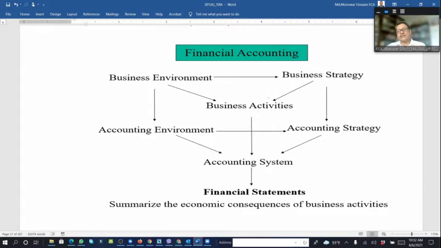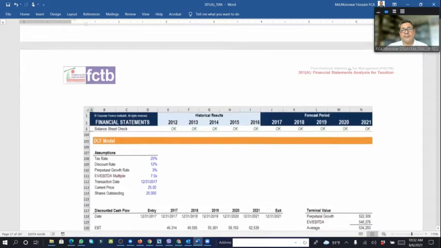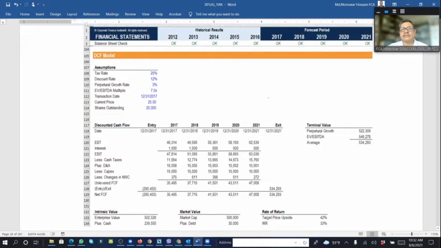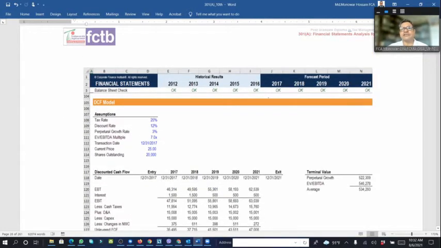So this way we have all data within the financial statement of a business, and it is the basis for financial statement calculation and financial modeling.